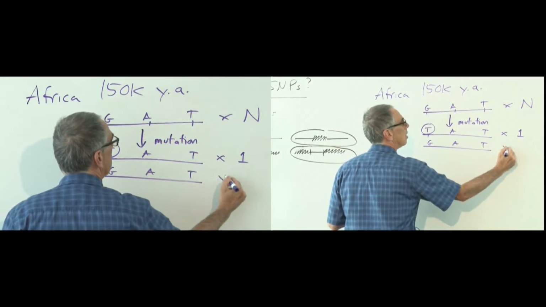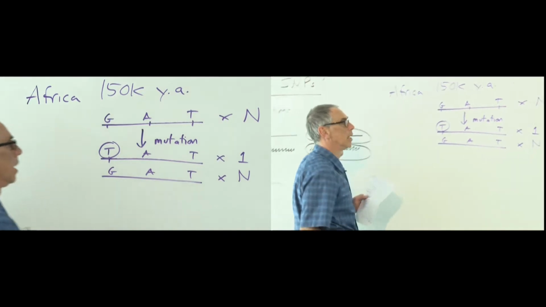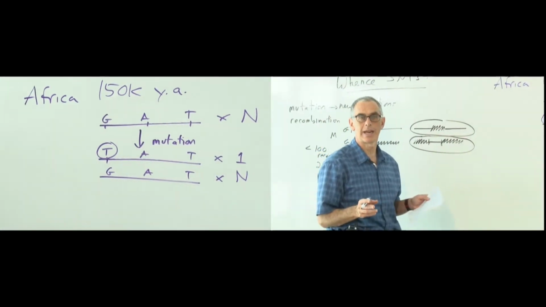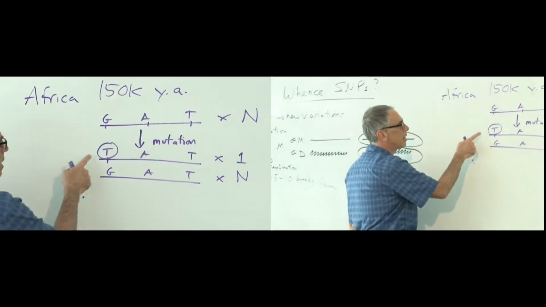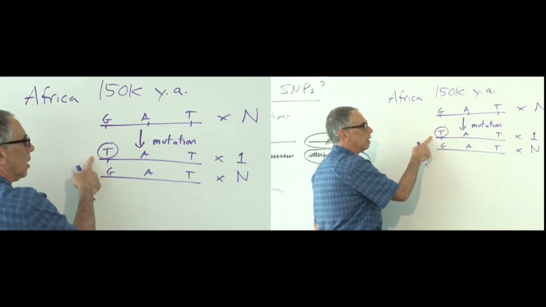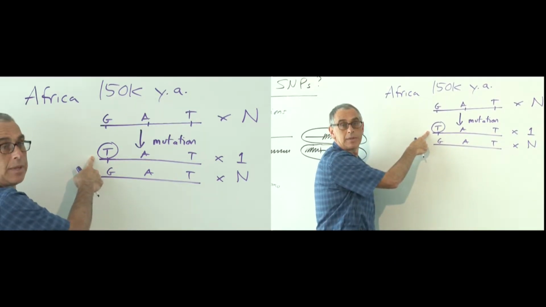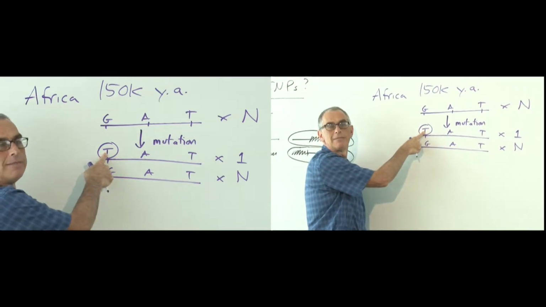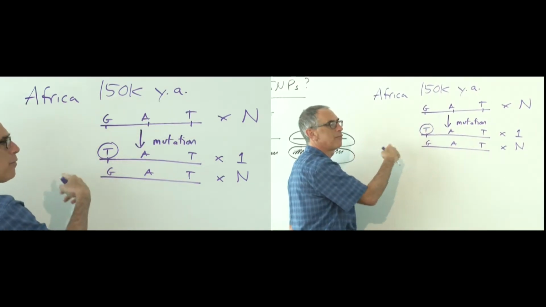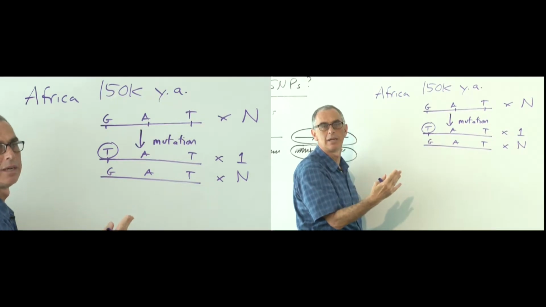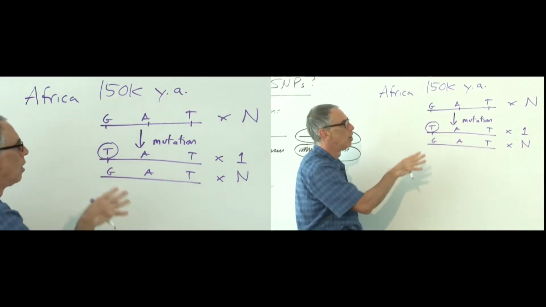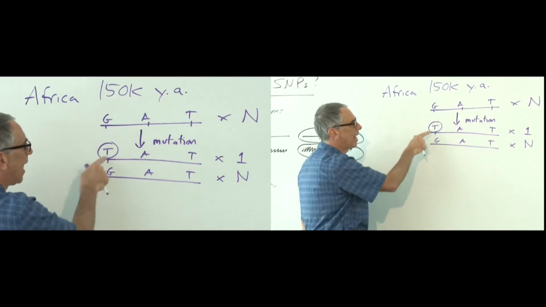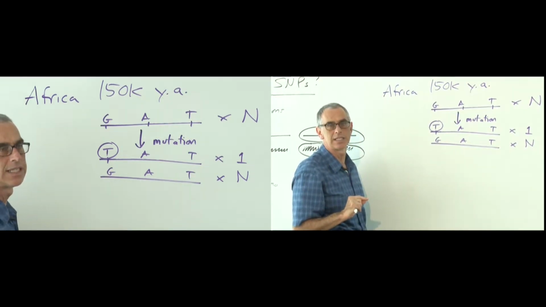It's about N still, okay? Now, there's a couple of things that can happen. This baby could get eaten by a lion, in which case this baby will not reproduce and we will never see that T ever again. Or this baby could have one baby and that baby gets eaten by a lion and we never see the T. You get the idea. We could never see the T if that baby is not reproductively successful.